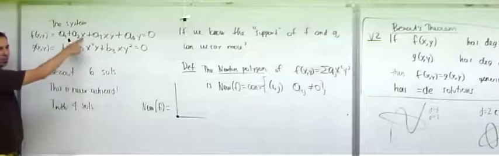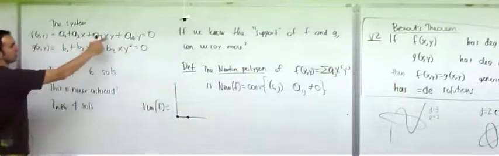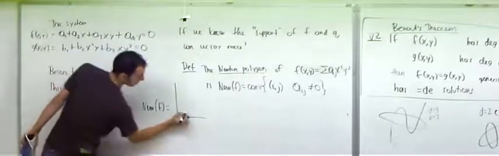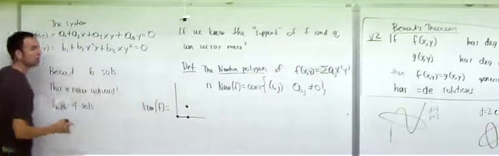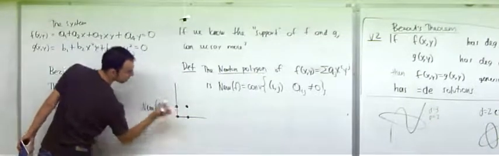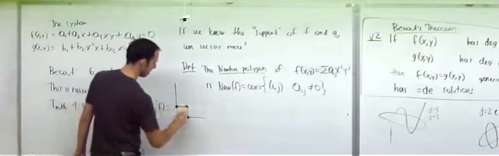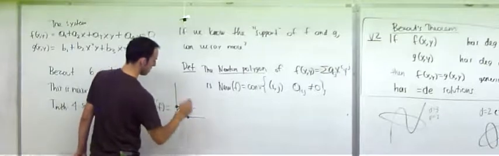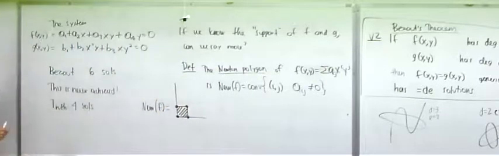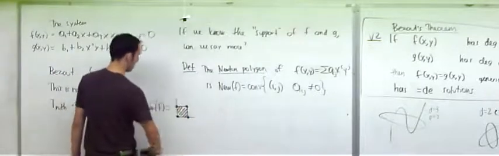Then this is x^1 y^0, so I plot the point (1, 0). This is x^1 y^1, so I plot this point. And this is x^0 y^1, so I get this point. And then what I get is the convex hull of those points. I don't know about you, but I think this is kind of a strange thing to do: take a polynomial and make a polytope out of it. But that's exactly what we're going to do.